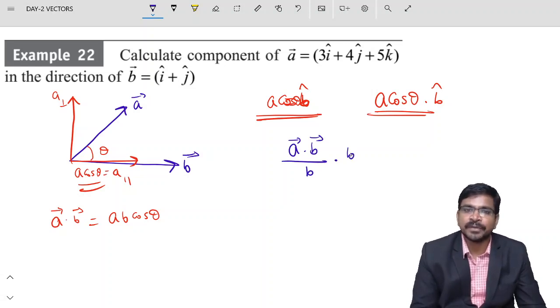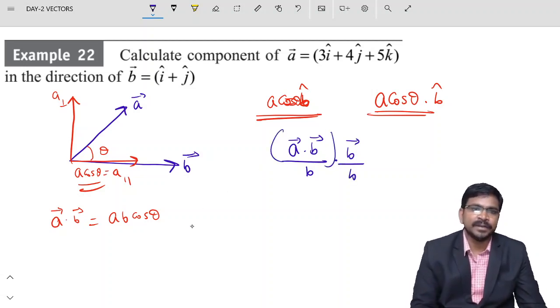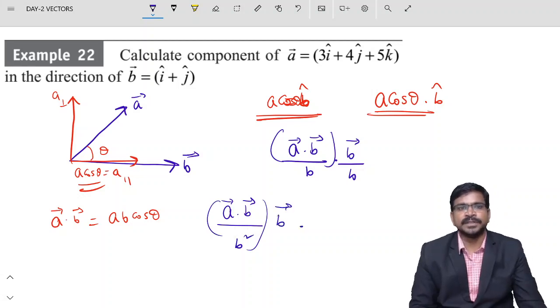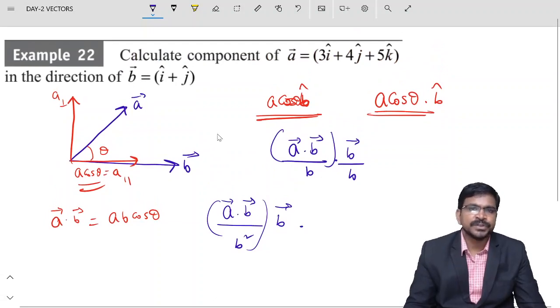B direction means what? B by B. So I will get A dot B by B square times B vector. This is the formula.